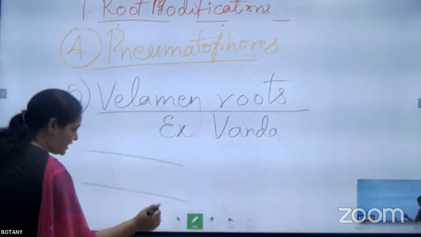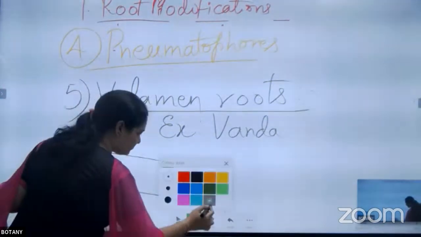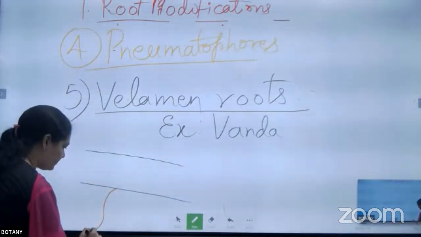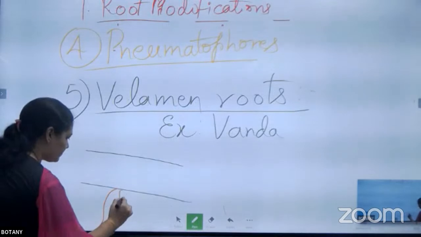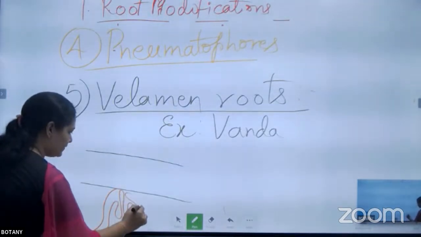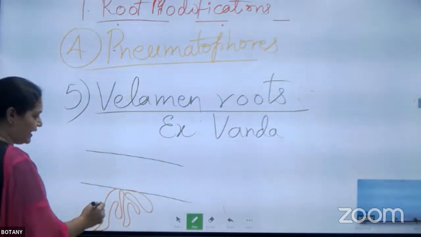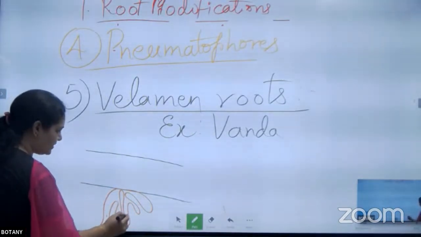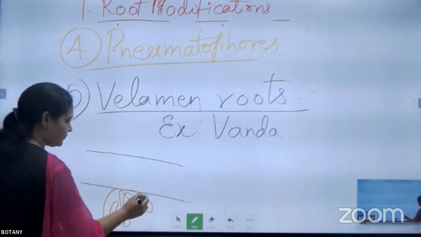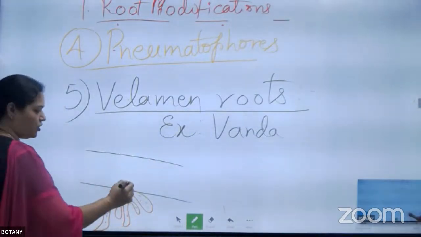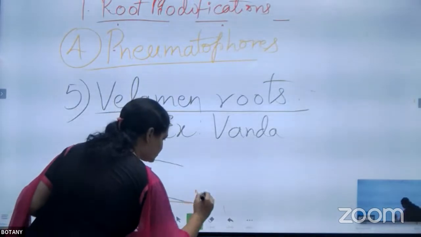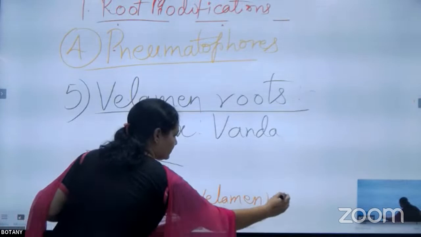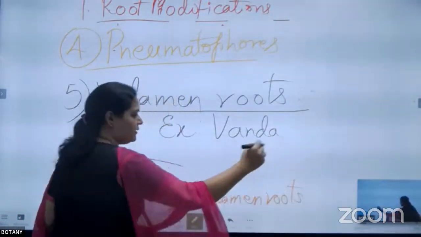The roots which hang freely in the air, having blunt ends and having pores on them, are called the velamen roots.